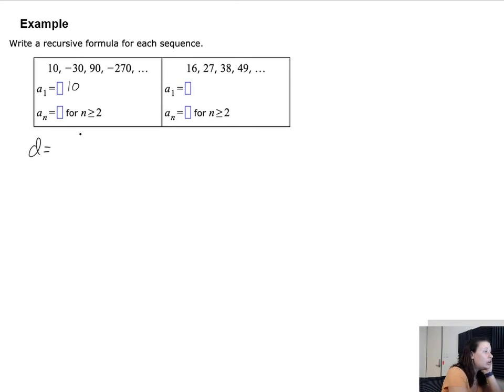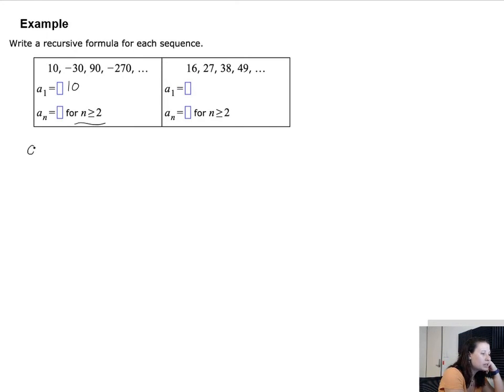We know what A1 is, we know what A2 is, so then we know what A3 is, and so on, right? So when it says for n greater than or equal to 2, that means we're just going to use the previous term. We're not going to use the previous two terms or something.